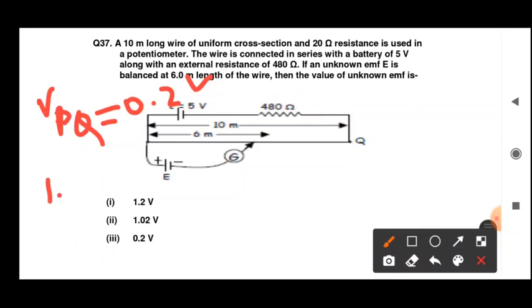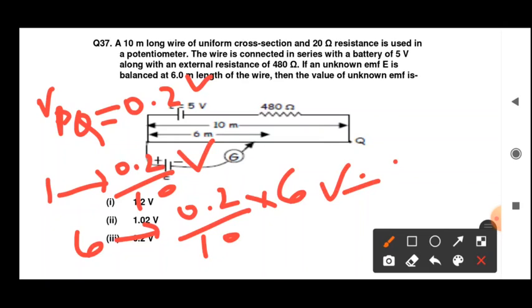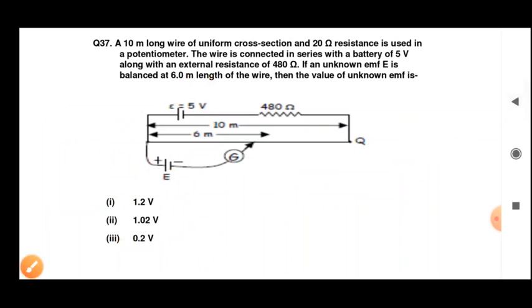For 1 meter wire it will balance 0.2 upon 10 volt potential. We have to find out the potential balanced by the 6 meter long wire. So for the 6 meter it will be 0.2 upon 10 into 6 volt. After solution we find it is equal to 0.12 volt. So 0.12 volt is the correct option.